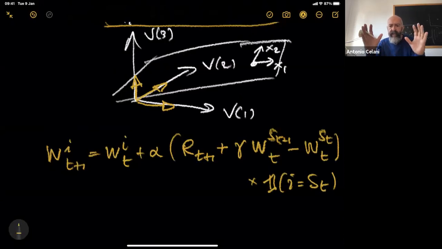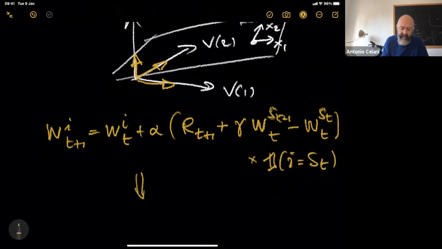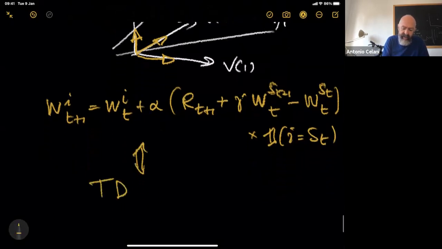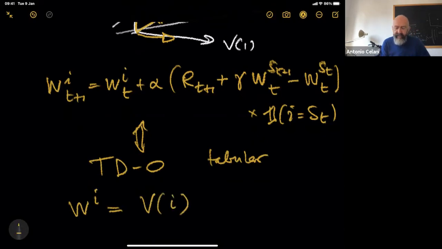I've just been taking the semi-gradient algorithm, and I've been using a specific set of features, which are just the basis vectors of my full vector space. Why am I doing that? Because if I do that, I recognize that this iteration rule is exactly TD(0) tabular. It's exactly the algorithm that we discussed a few lectures ago. I just have to recognize that in this case, my w_i are just my values for the state i.